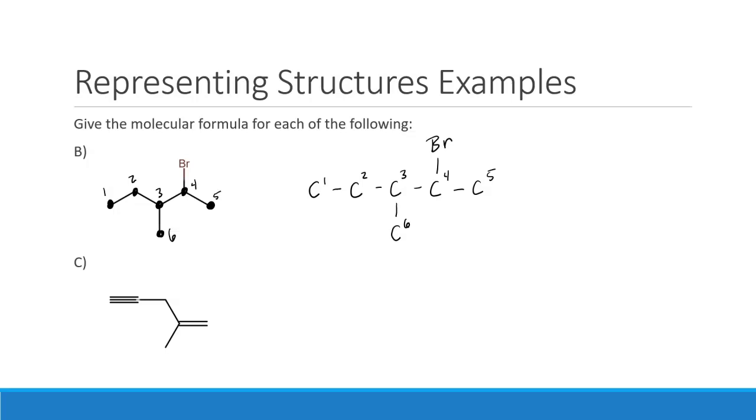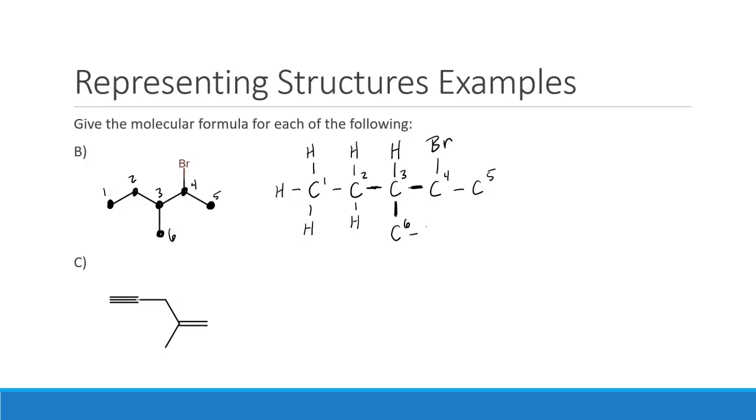Okay, and next we're going to have to add in the hydrogens based off of the number of bonds that each carbon has, remembering that carbon needs 4 bonds. So carbon number 1 only has 1 bond, meaning that it will need 3 hydrogens. Carbon number 2 has 2 bonds, so it needs 2 hydrogens. Carbon number 3 already has 3 bonds, 1, 2, and 3, so it only needs 1 more hydrogen.